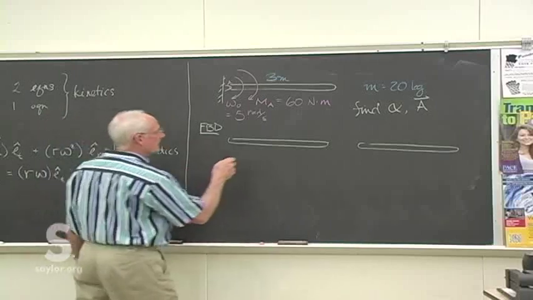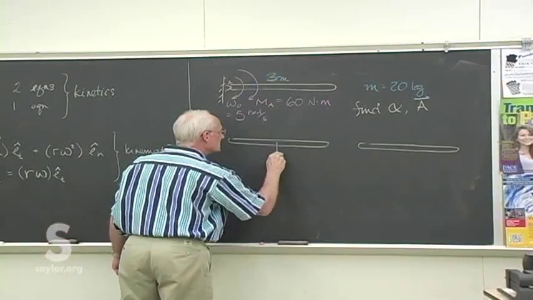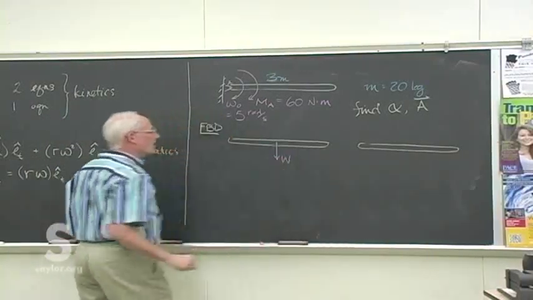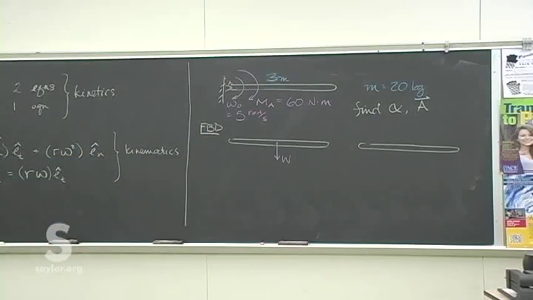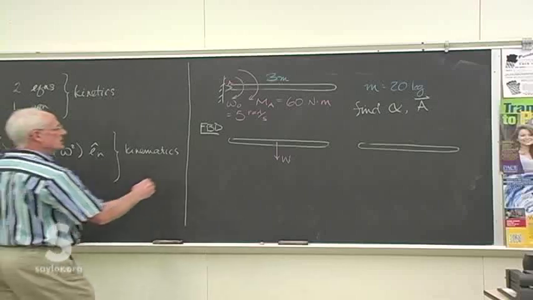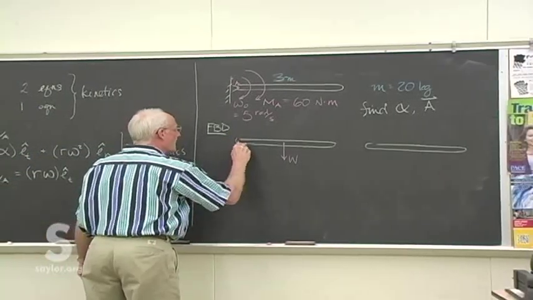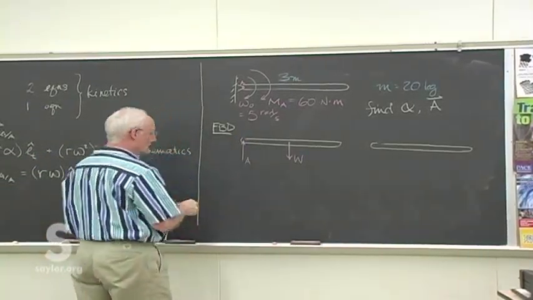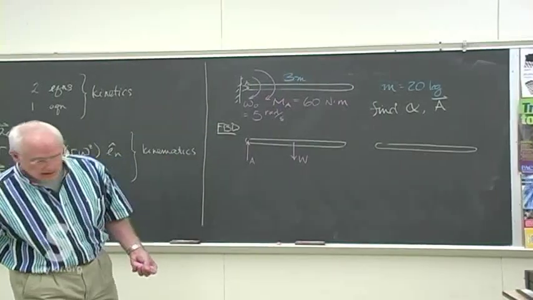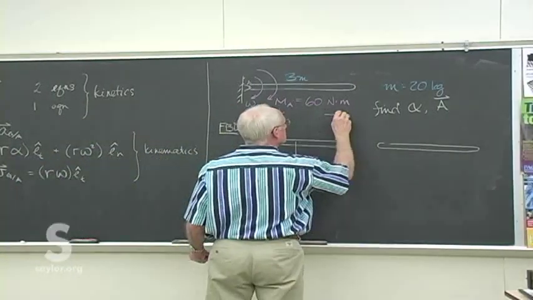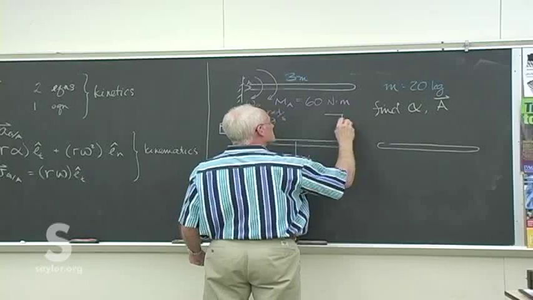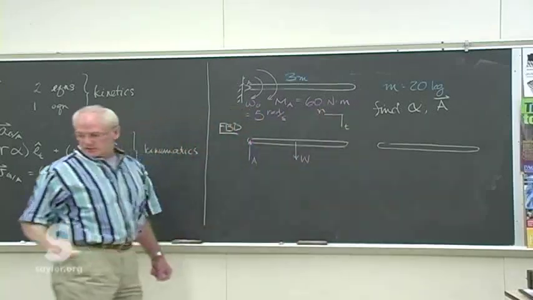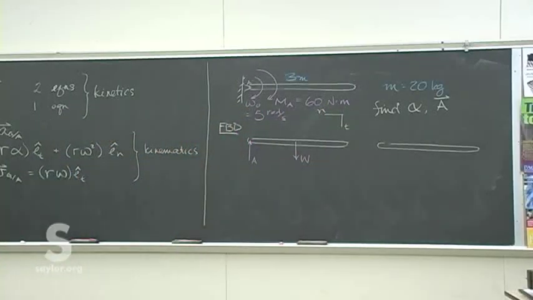So, free body diagram. Of course, we have a bar that has some particular weight to it. We don't take that as an unknown since we know what the mass is. There's also some reaction at A, so we'll break that into components. Let's establish a coordinate system. We'll just use normal and tangential coordinates.